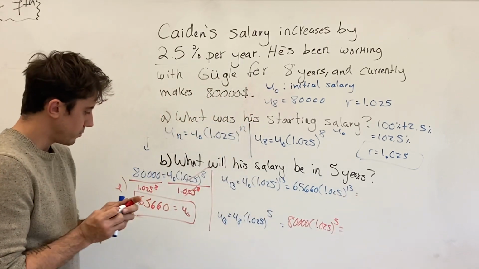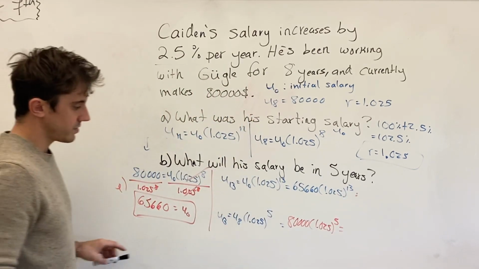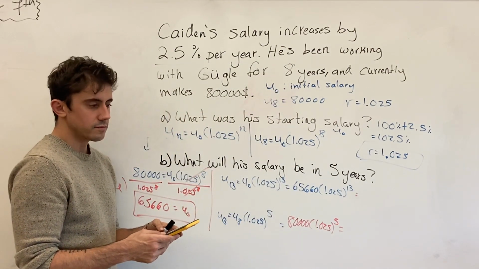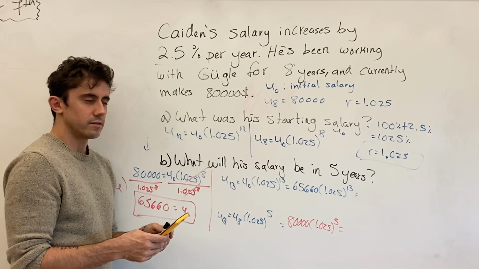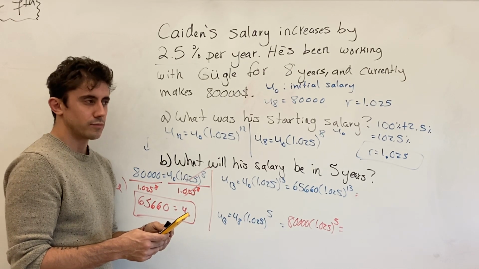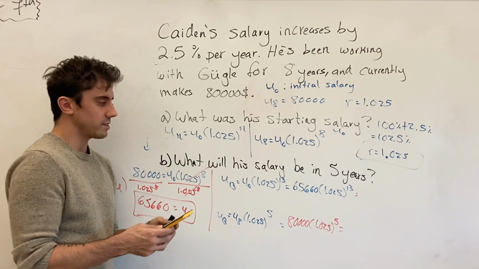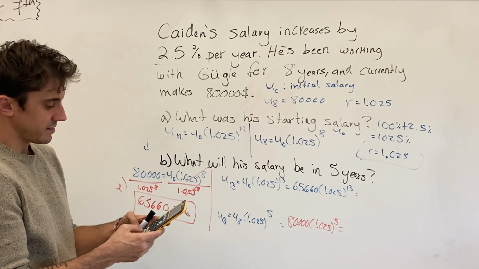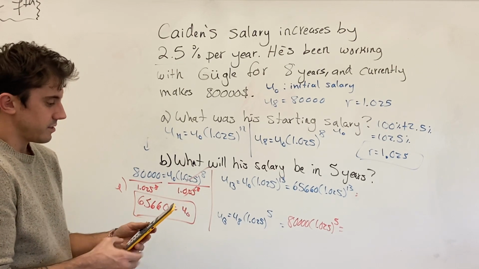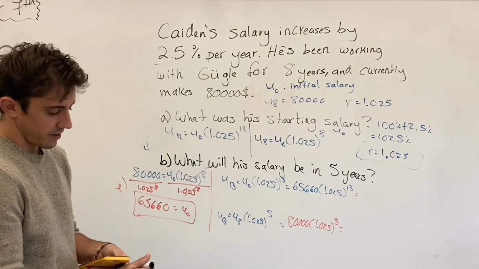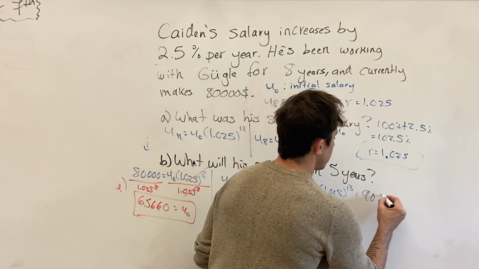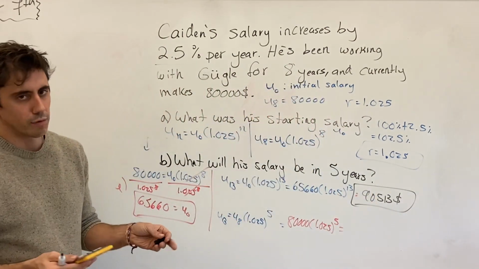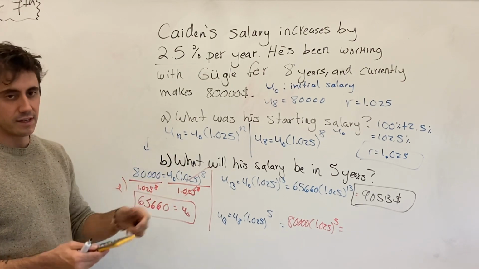Let's compute both of those to verify our assumption. 1.025 to the power of 13 times 65,660 gives us $90,513. Let's see if that's equal, or at least comparable given the tiny bit of rounding in U0.